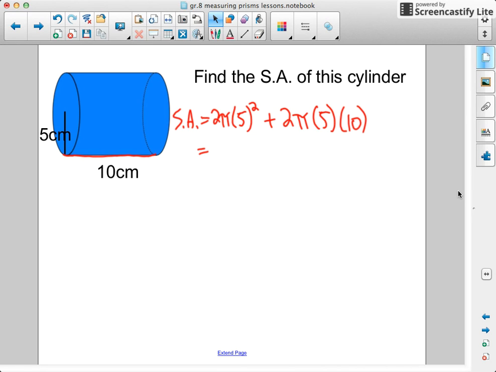So let's calculate that out. I should have written my formula at the top: 2 pi r squared plus 2 pi r h.